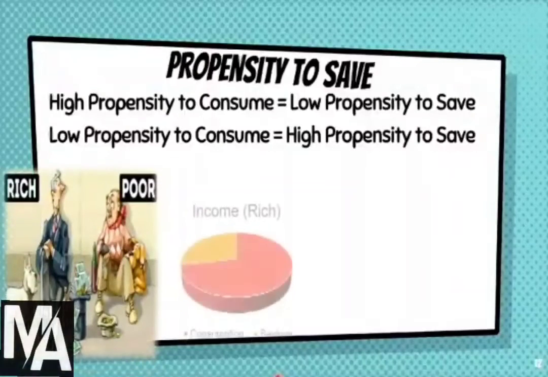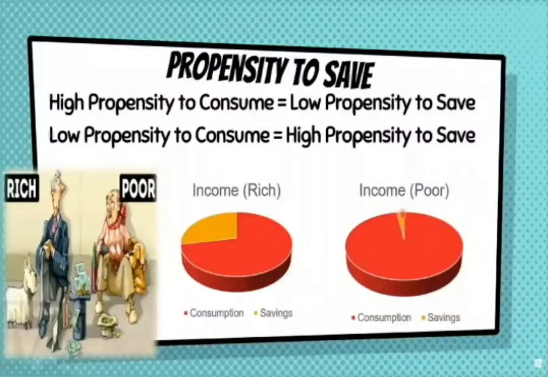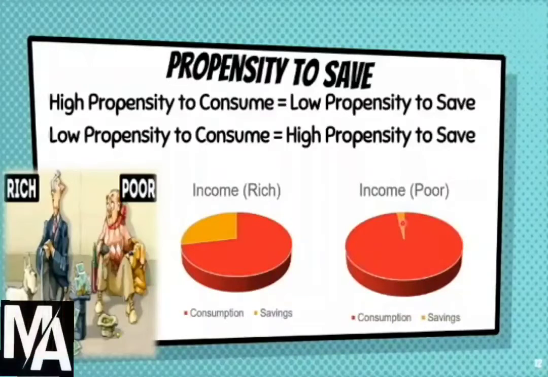I'm using the same example here between a rich person and a poor person. Now high propensity to consume, this we discussed, poor people have very, very high propensity to consume, which means they consume a large part of their income, and this means that there is a very little part of their income devoted to savings.